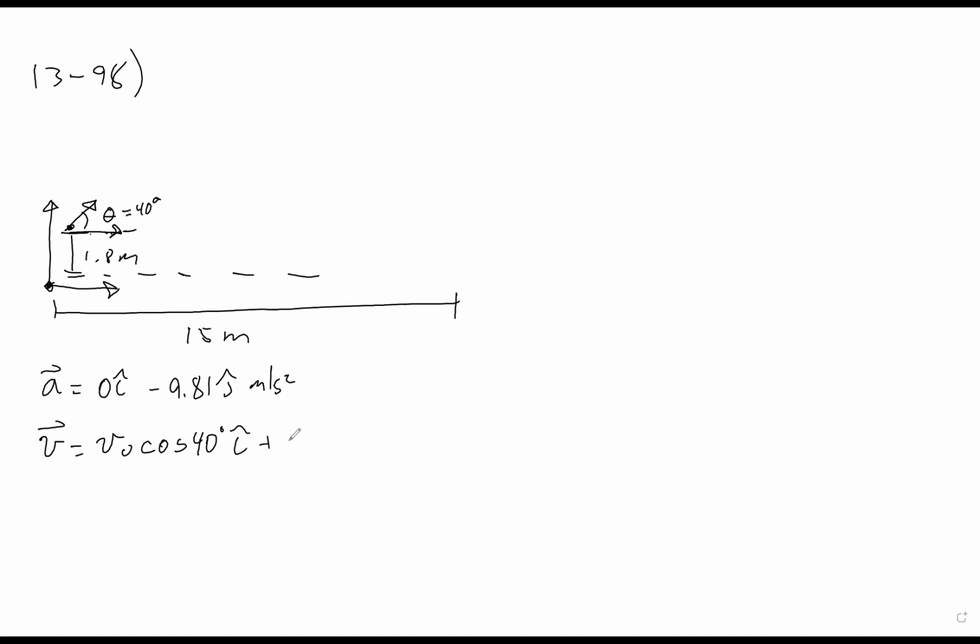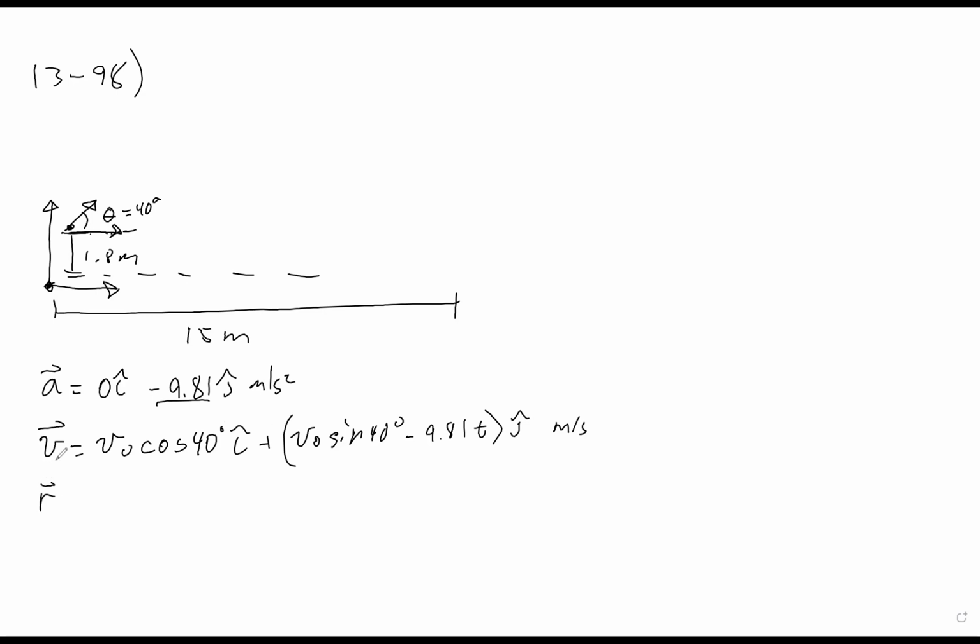And then plus, we'll have the initial velocity times sine 40 degrees. And then we still have the j hat component from integrating the acceleration, so negative 9.81 t. This whole piece here is the j hat, and this whole thing is meters per second, the whole vector. Then we'll have the position vector.